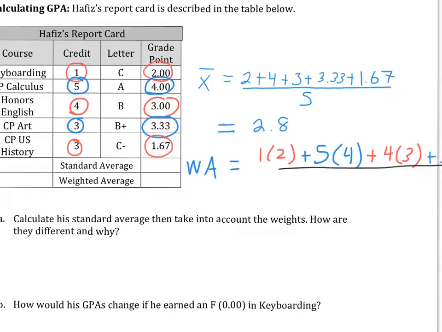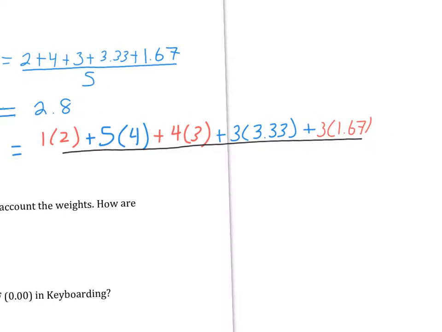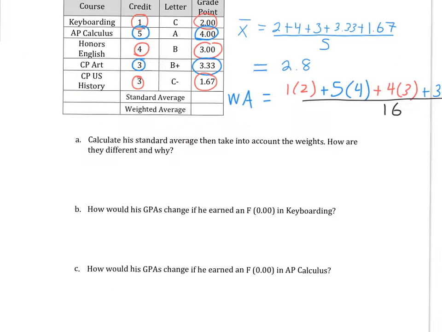Now you still are given the full credit, but all we're doing is calculating GPA based on the part that you could have earned. So what we have to do is add up the total number of credits you could have had. So this right here is 10, and 16. Adding up the total credits, 16. So if we answer part A here, calculate the standard average. We already said that.